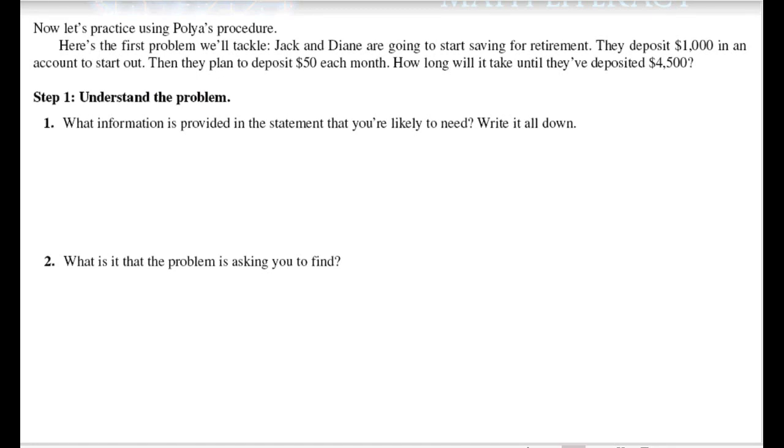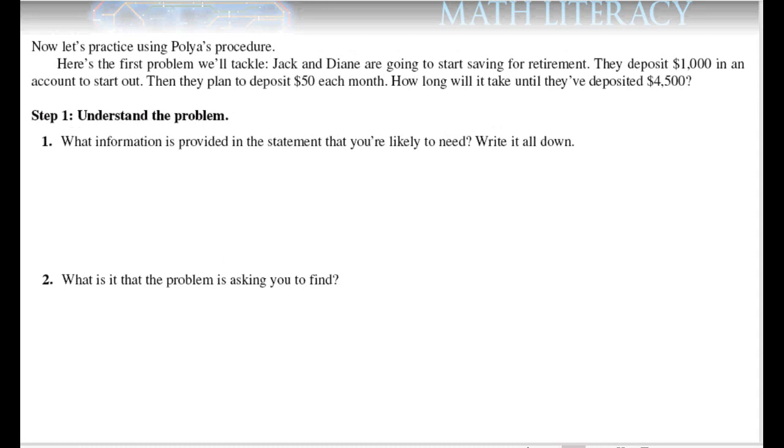All right, so if we look at the problem, Jack and Diane are going to start saving for retirement. They deposit $1,000 in an account to start out. That's important.